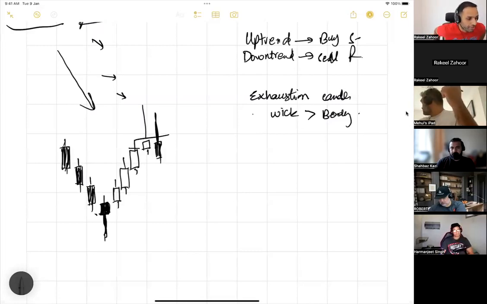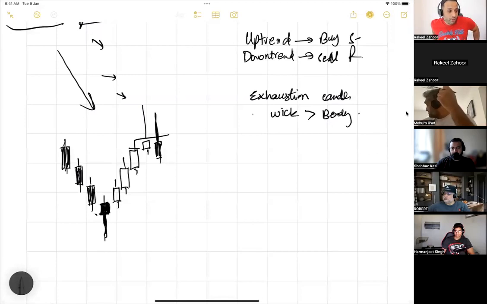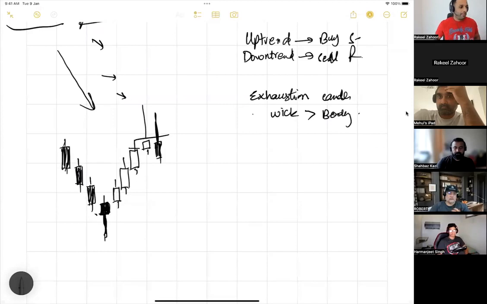And you're not trading after the exhaustion candle. You're waiting for the next candle to close. There are ways to trade right after the exhaustion candle, but that's going to come later on. So I just want to know if we are clear on this. Very simple stuff. Good? Cool.